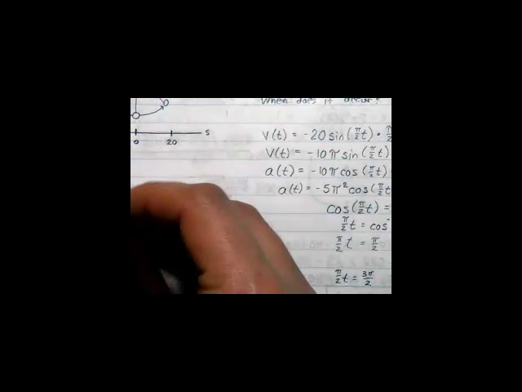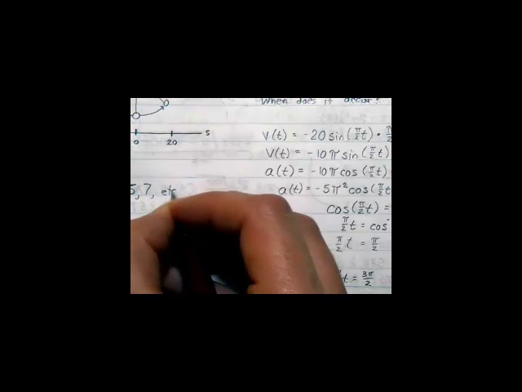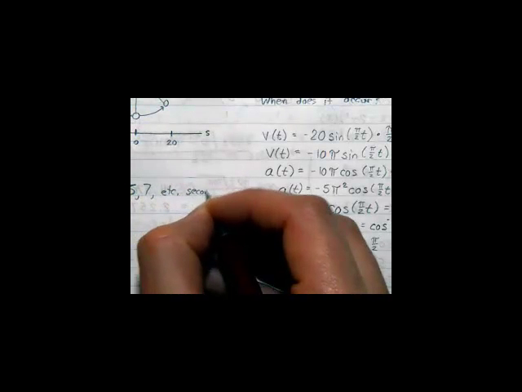So maybe writing it that way wasn't the best choice, but it would technically keep repeating. So t equals 1, 3, 5, etc. seconds would be when it occurs.